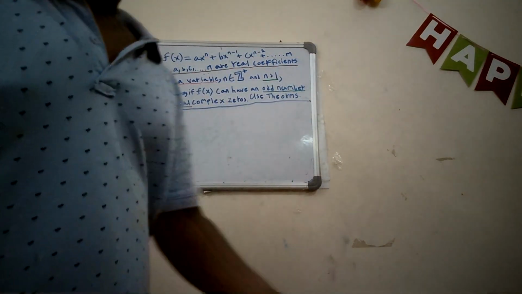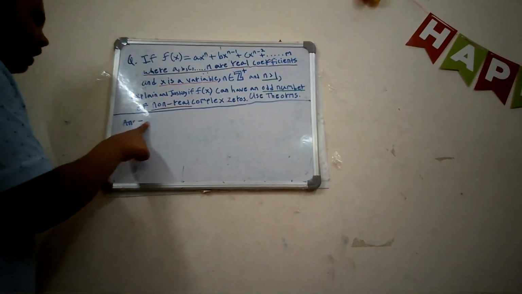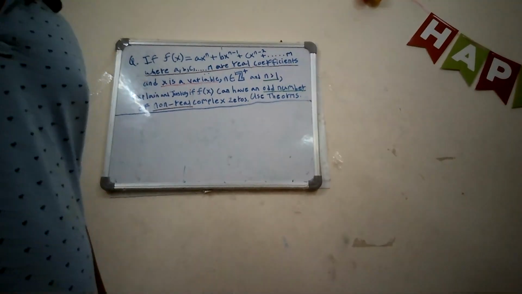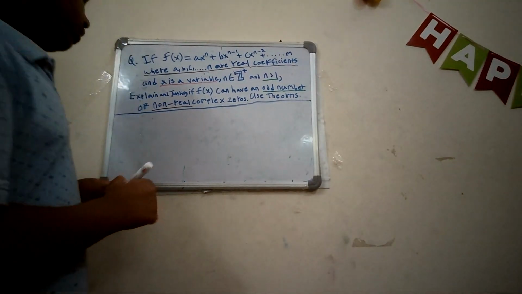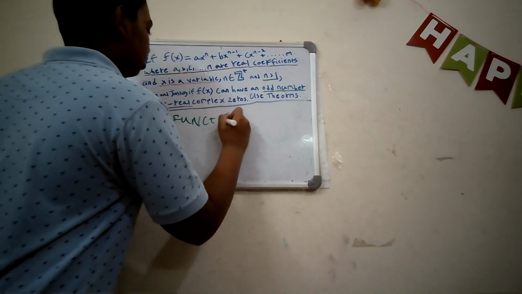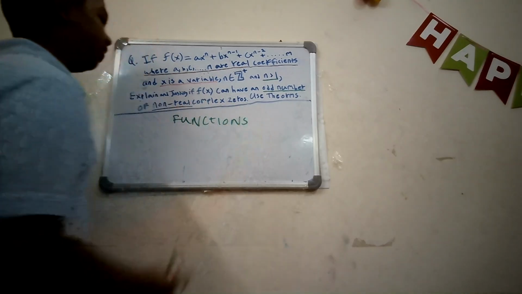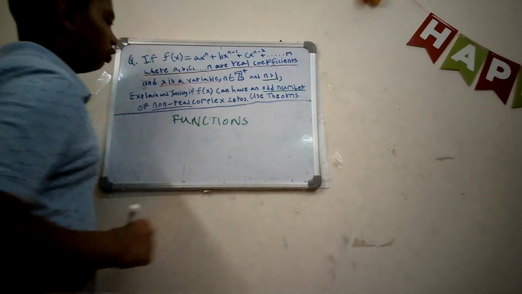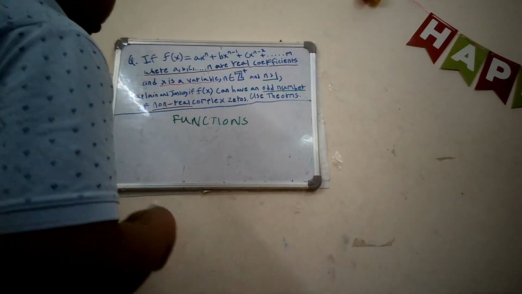Before going to the answer, let's talk a little bit about functions. I don't know if I've taught functions deeply, but I'm assuming you guys know that. If you don't, it's okay.